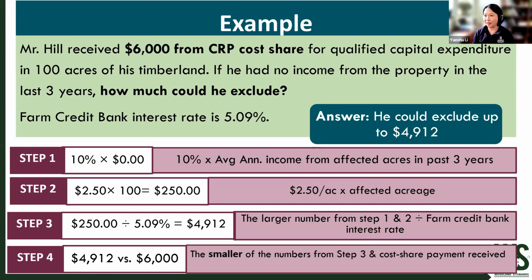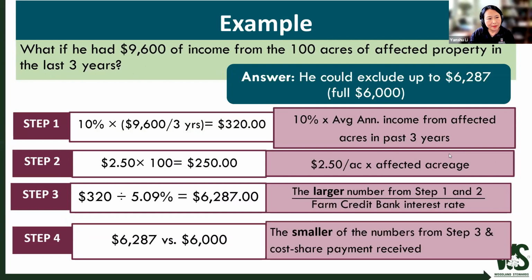Just keep it in your file and then share it with your tax advisor later on if you have the situation. When you compare those two examples, it's important to notice whether you have received income in the past 3 years actually affects how much you can exclude.